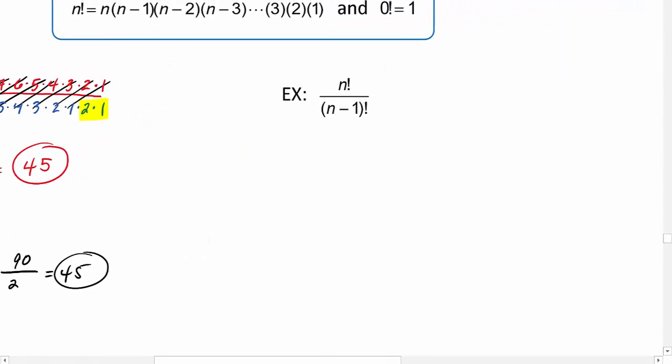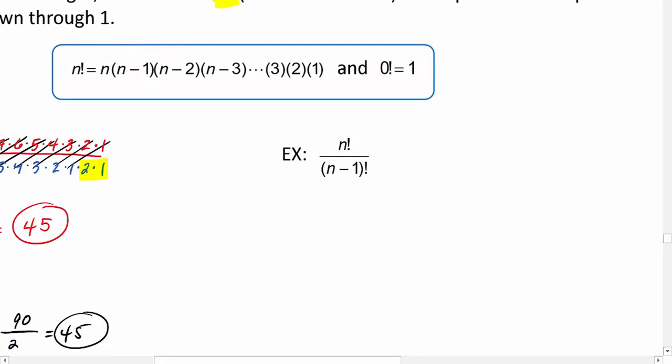Our next expression is n factorial divided by n minus 1 factorial. We'll take a look at our definition of n factorial right here. Notice that this part on is n minus 1 factorial. So this would be a great one to use that shortcut for.